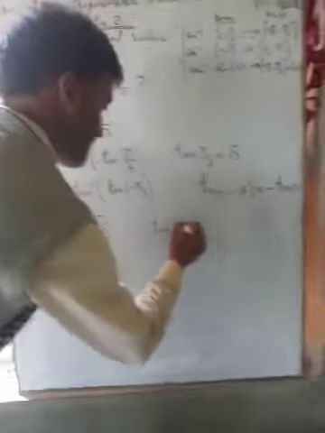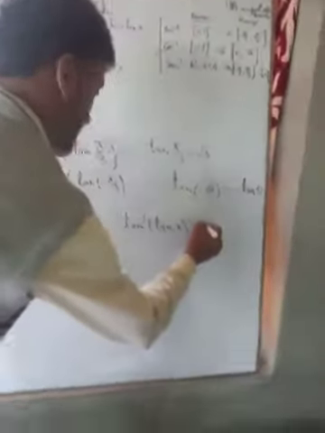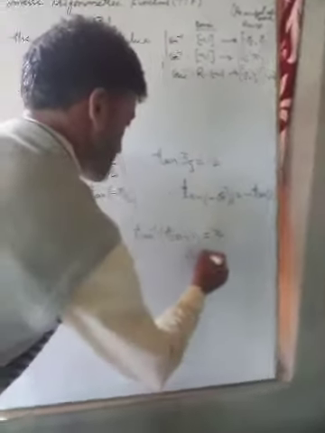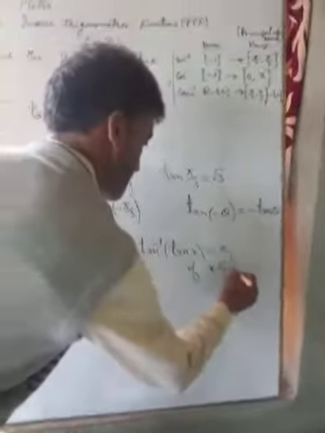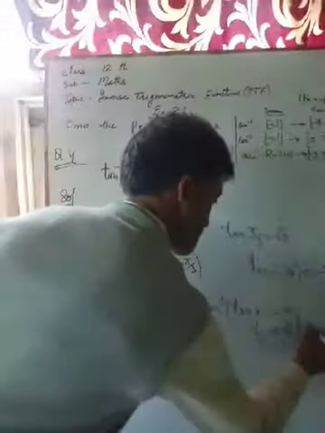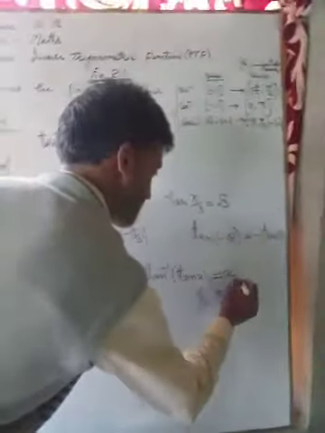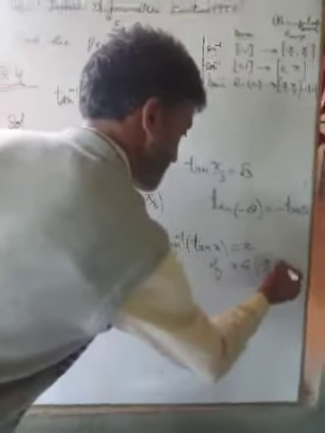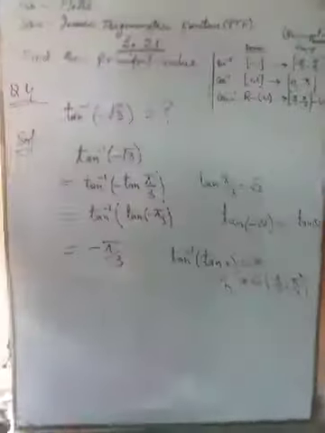tan x is equal to x if x belongs to the open interval minus pi by 2 to pi by 2.